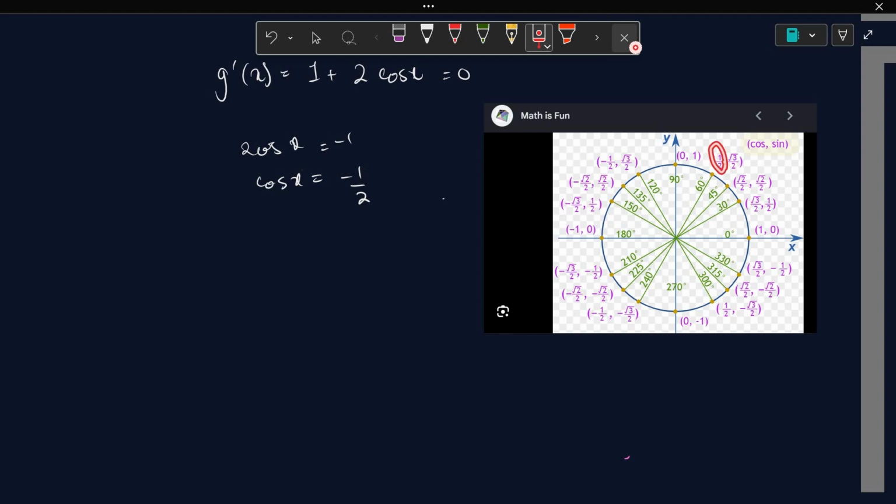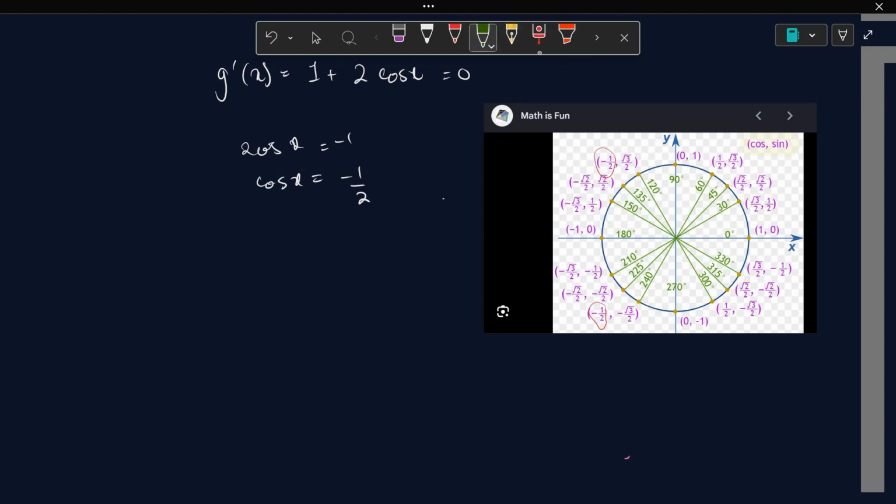I know this one represents cosine, so I have one of them here, -1/2. And what about the next one? The next one is over here. So I just found 2 points where my cosine is -1/2.